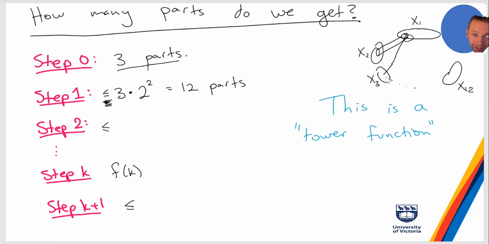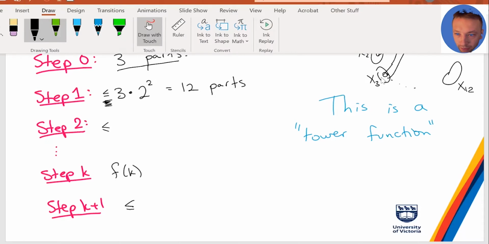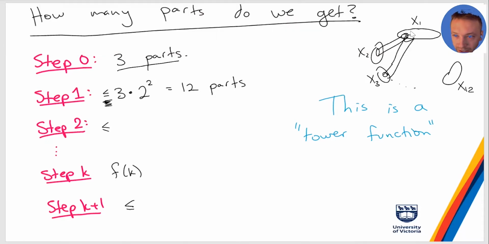And that's going to be a very complicated Venn diagram. I would say it's even more than 16. The relationship of x1 and x2 breaks x1 into 2 parts, and then every part could get broken up into 2 parts by looking at x3.